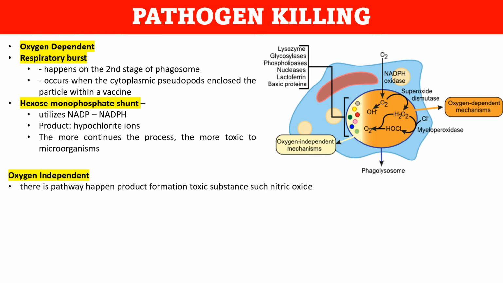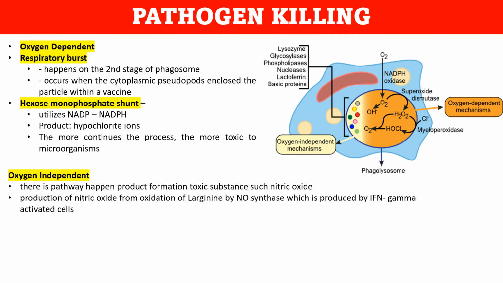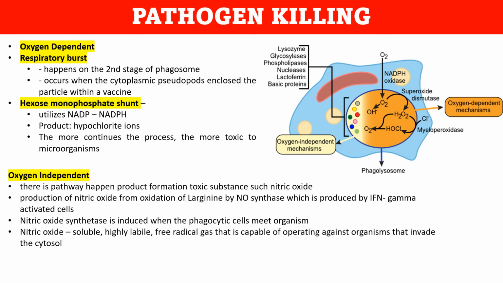Oxygen independent: there is a pathway that produces toxic substances such as nitric oxide, through oxidation of arginine by nitric oxide synthase, which is produced by IFN gamma activated cells. Nitric oxide synthase is induced when phagocytic cells meet the organism.